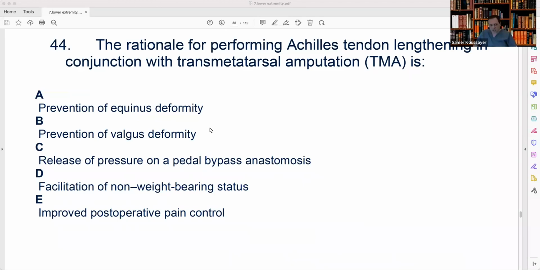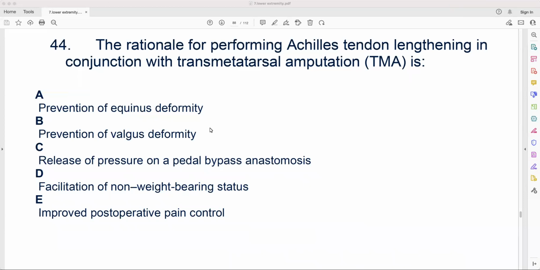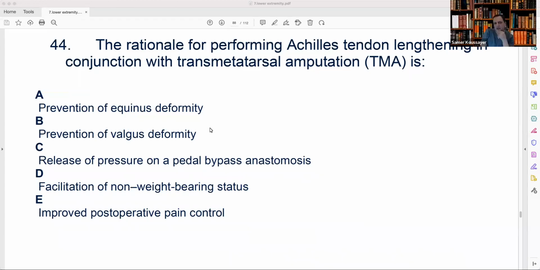There is always a chance the foot goes equinus and lateral, because the muscle is stronger on the lateral than the medial aspect. So after transmetatarsal amputation the foot tends to go more lateral, and if the patient is really active and walking a lot, this can cause ulceration on the medial aspect.